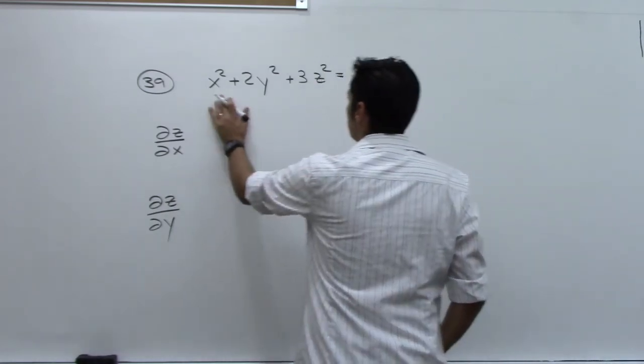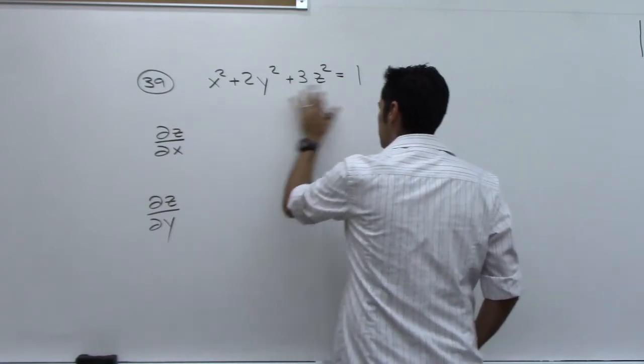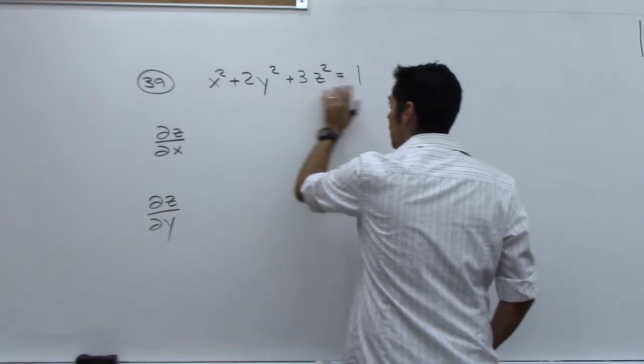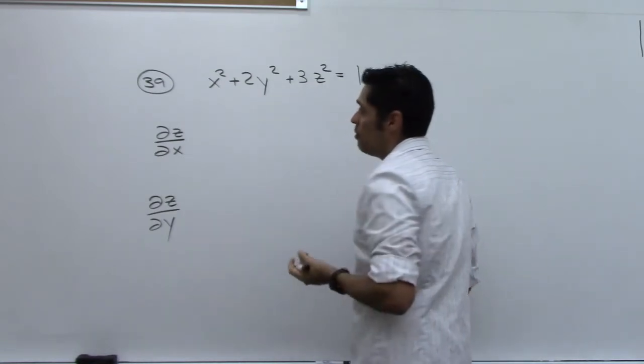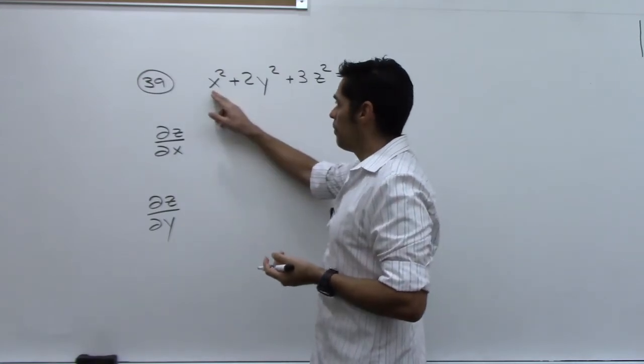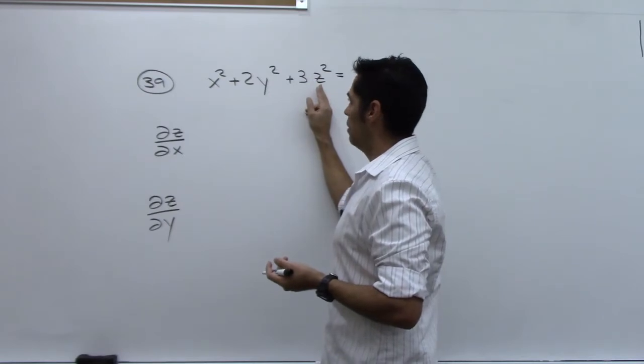So what I'm going to do is take the partial derivative with respect to x on both sides of this equation. So what that means is I'm going to treat x like my variable, y like a constant, and z like it's a function of x.